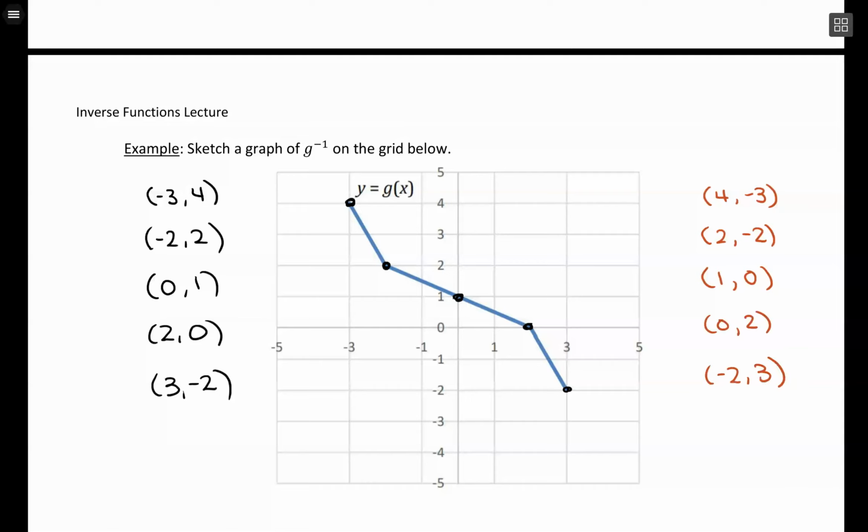So (4, -3) is down here. (2, -2) is here, (1, 0), (0, 2), and (-2, 3). And with that, I'll just connect the dots. And there's our inverted function. And we could visualize this as the reflection across y equals x, but just switching the x and y values can be a bit simpler.